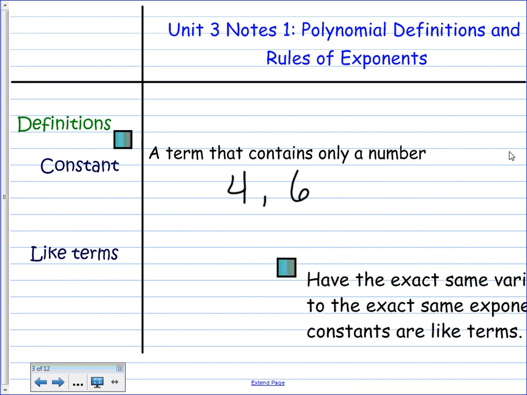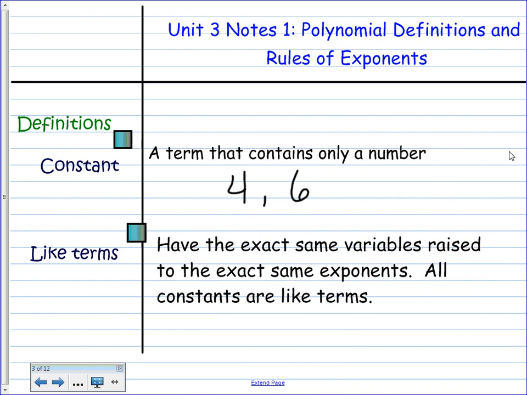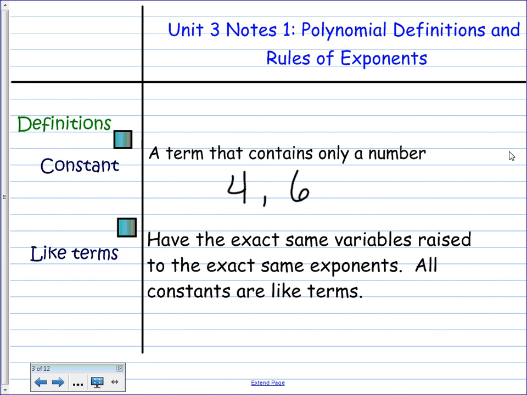Then we want to talk about like terms. So this one's a little bit lengthy. Like terms have the same exact variable raised to the same exact exponents. All constant terms are also like terms. So let's write an example of some like terms. 3x squared and 2x squared.